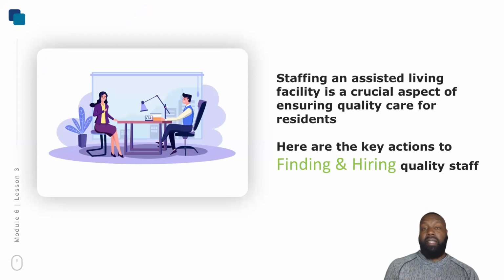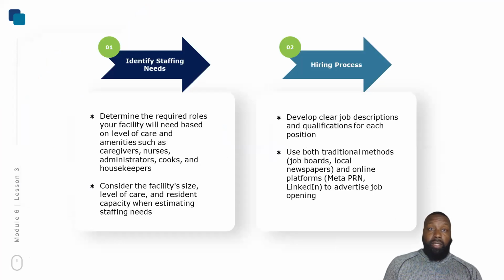Now, staffing in an assisted living facility is a crucial aspect of ensuring quality care for your residents. We're going to talk about some key actions of finding and hiring quality staff. So you've got to identify your staffing needs, for one. Look at your facility. You have 2 floors, it's kind of spread out.